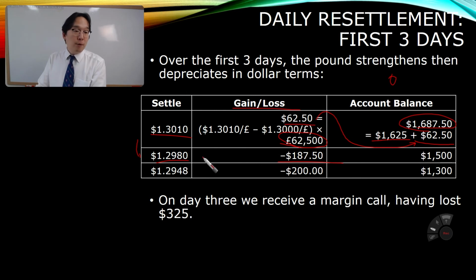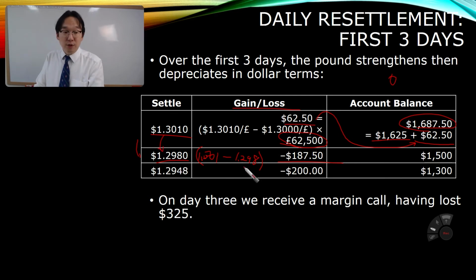Well, if you do the number, you will realize that it is 1.301 minus 1.298, because this is calculating day by day gain or loss. So starting from yesterday's amount, how much did I gain or lose is the concern over here. And then times this number, 62,500, then you will get minus $187.5 per contract.